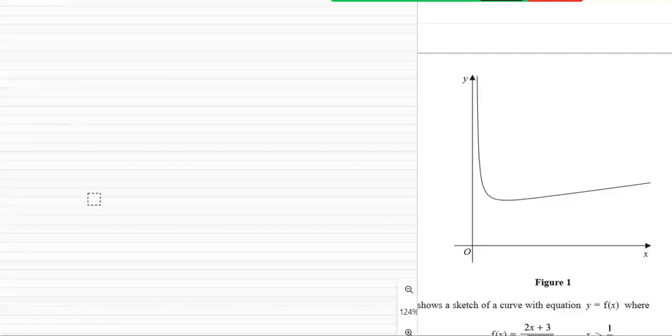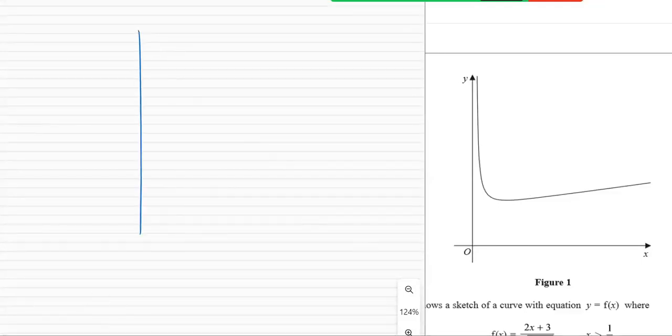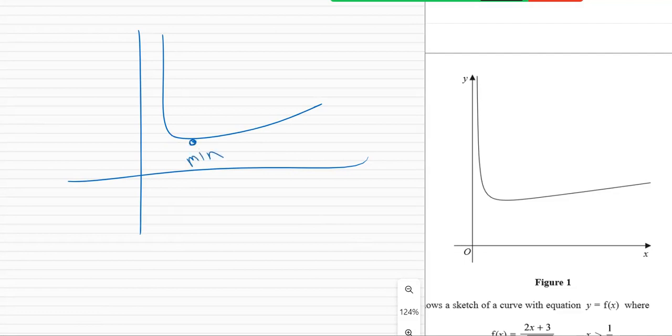So we can see we have some sort of curve that has a minimum point. This minimum point is, well, probably not there. It's more like here. So our minimum point is somewhere there. And we know that this is the y-axis, this is the x-axis. And at some point above this minimum point is the y's we want.